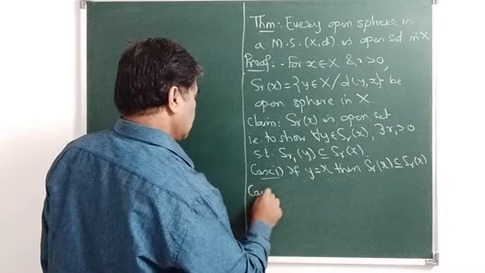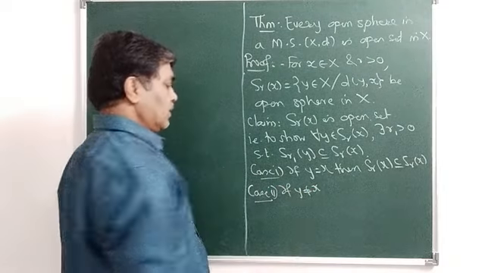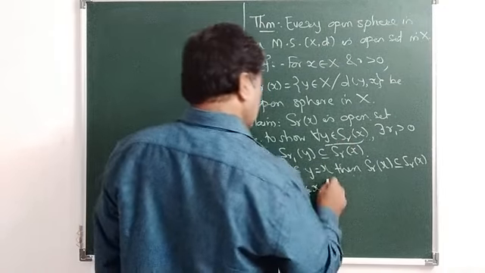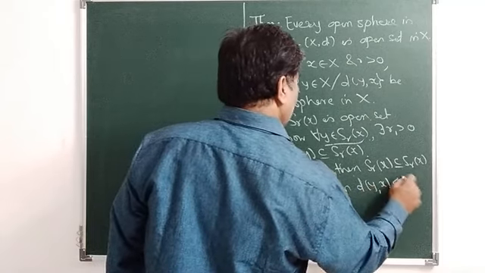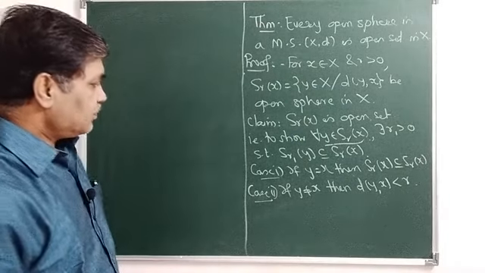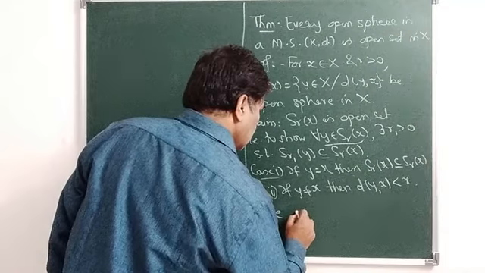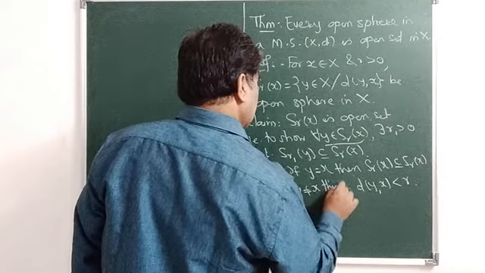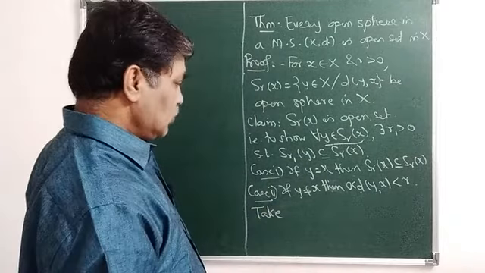Case 2: if y is not equal to x, then d(y, x) is less than r, and in fact 0 is less than d(y, x) less than r; d(y, x) is not equal to 0 also.